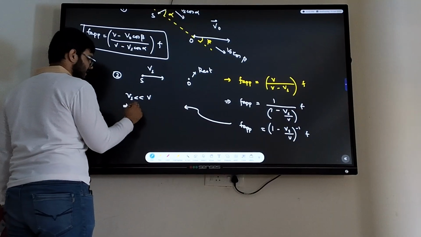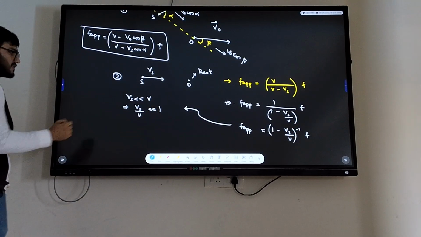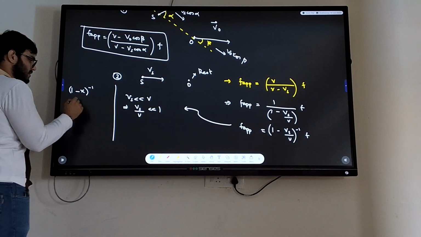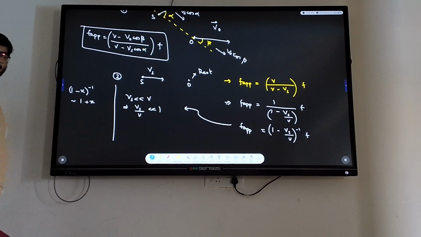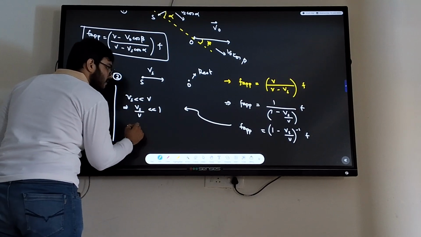Vs by V is much less than 1. Then I can apply this approximation: (1 minus x) to the power minus 1 is approximately 1 plus x. Yes or no?